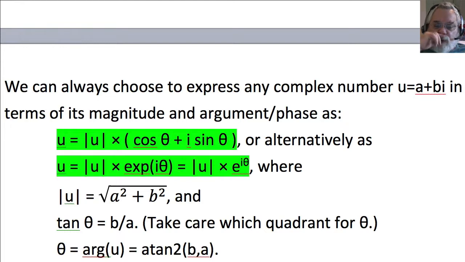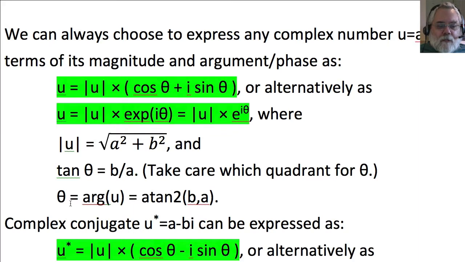Now we can always choose to express any complex number, u equals a plus bi, in terms of its magnitude and argument or phase, as follows. u equals magnitude of u times (cosine theta plus i sine theta), where theta is the correct angle for u. Or alternatively, u equals magnitude of u times e to the i theta, where the magnitude of u is the square root of a squared plus b squared, and tangent of theta equals b over a, and we have to take care which quadrant theta is in.